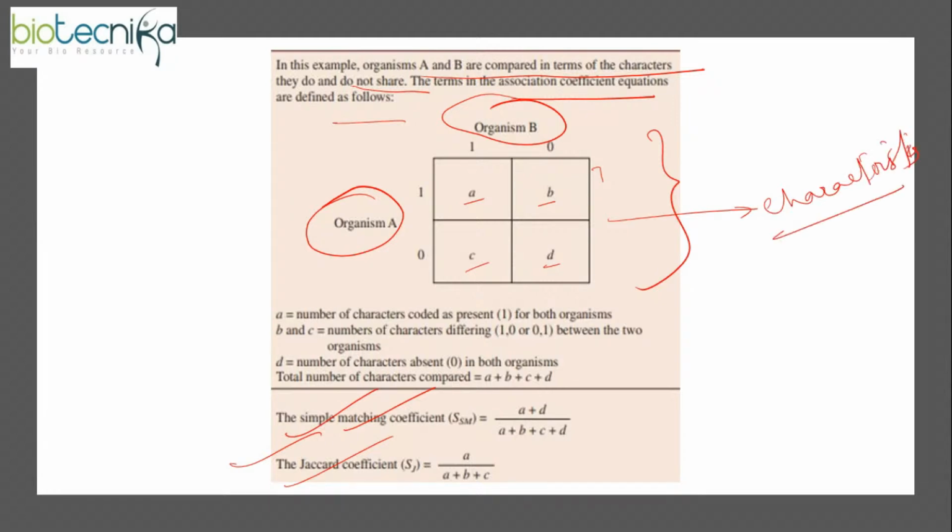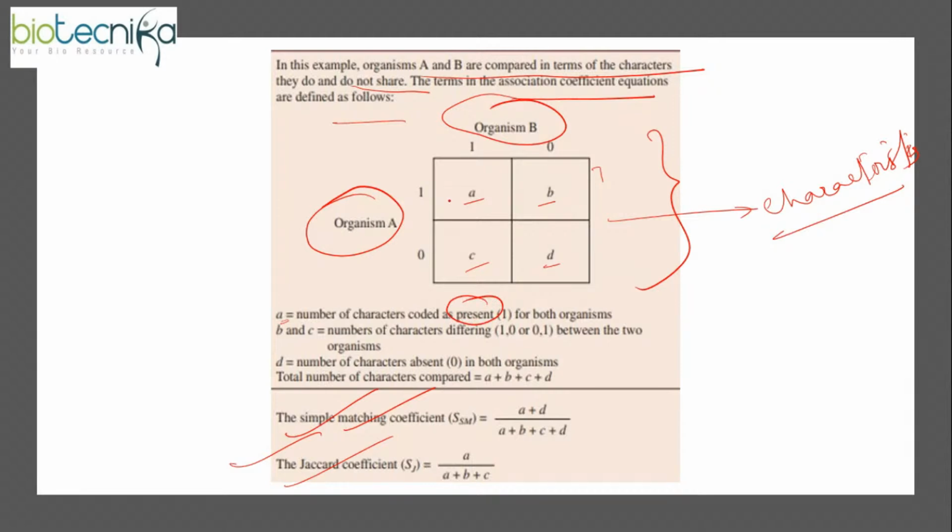Now we have to check which of the characteristics are present for organism A and which might or might not be present for organism A and B both. That we have to check. I would suggest you can note it down as well. So what is A here? Number of characters coded as present.